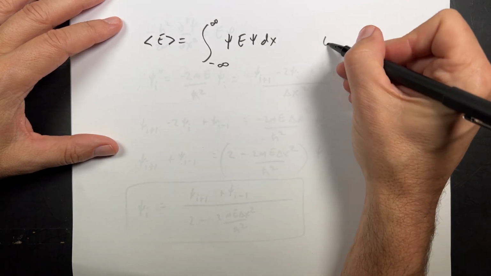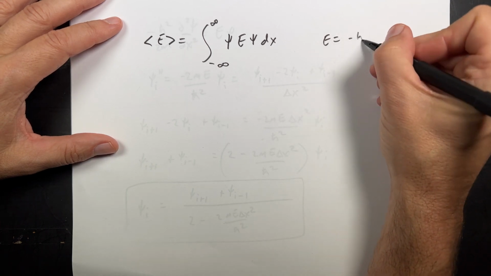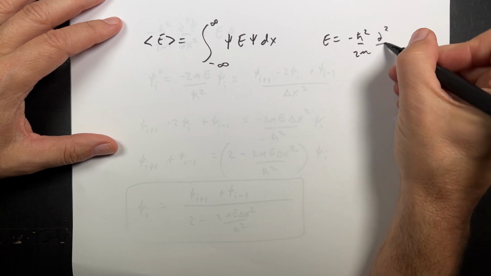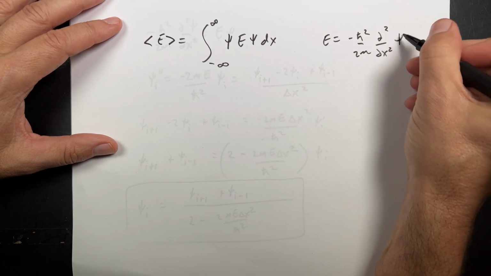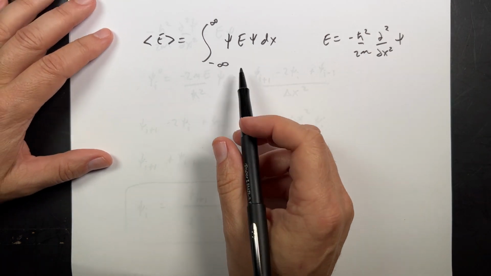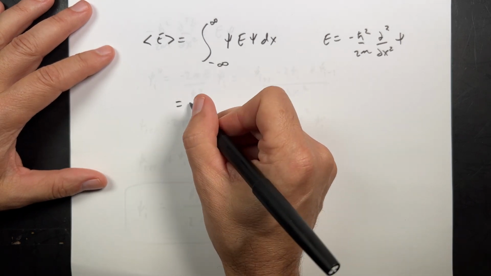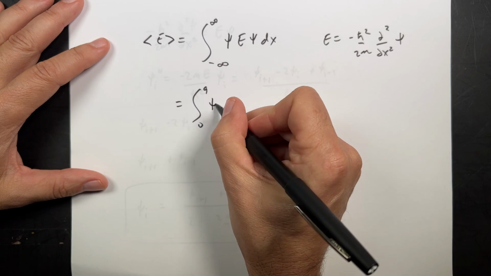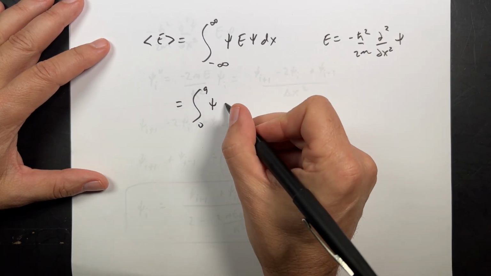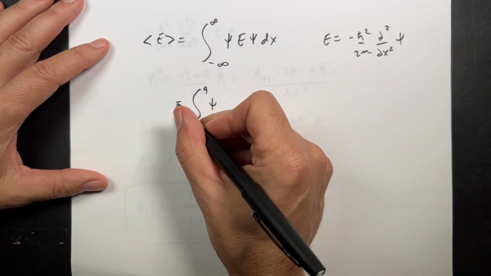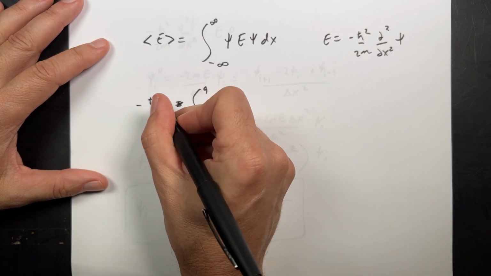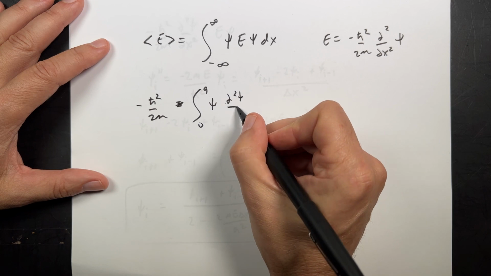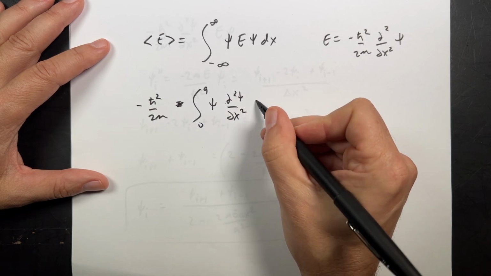And the energy operator would just be negative h bar squared over 2m times the second derivative of psi with respect to x. And if I put that in over here, I get this. I'm going to integrate from 0 to a, because that's all that matters, psi, and then negative h bar squared over 2m is just a constant, second partial of psi with respect to x dx.